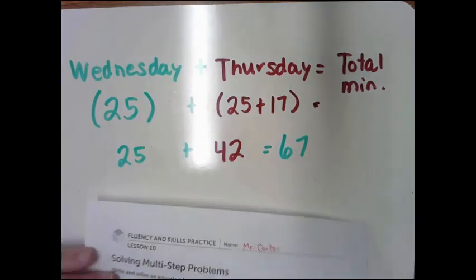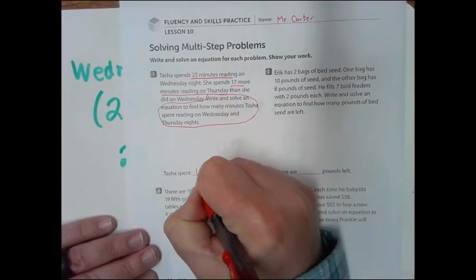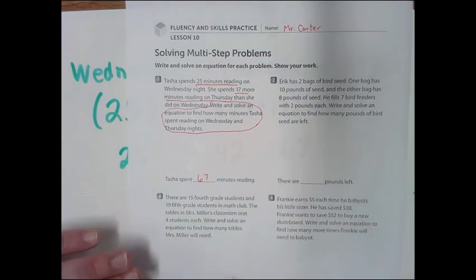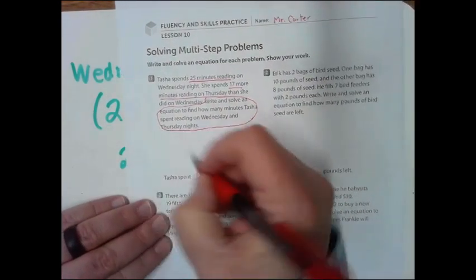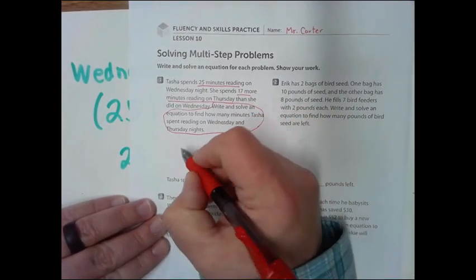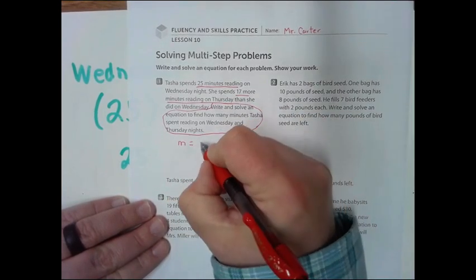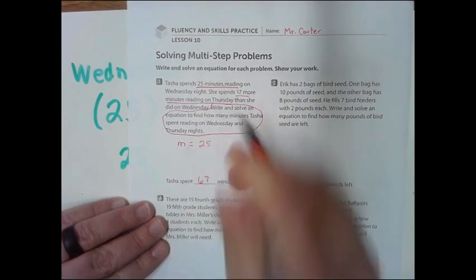So Tasha spent 67 minutes reading. Okay. So if I was to transfer that onto my paper, it would look something like this. So let's just do M for minutes equals, again, 25.